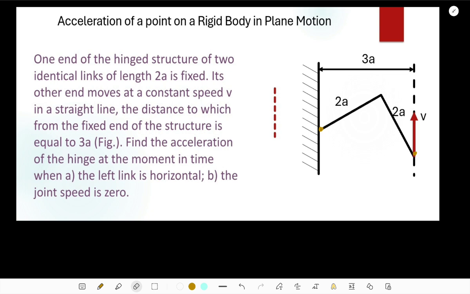Okay. And what happens when the left link is horizontal?